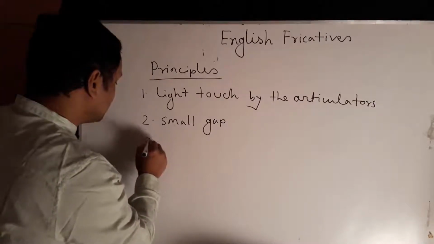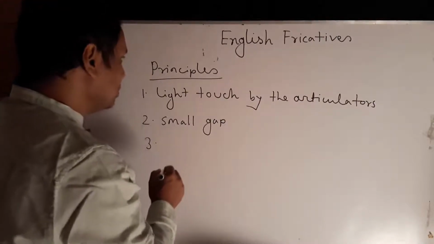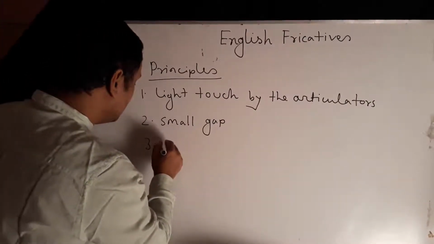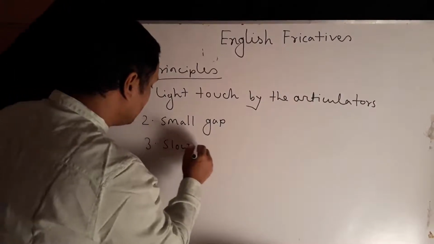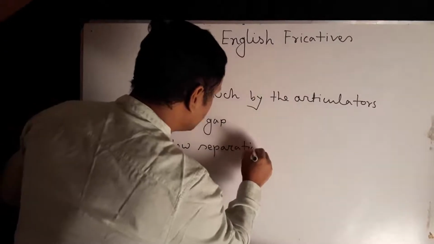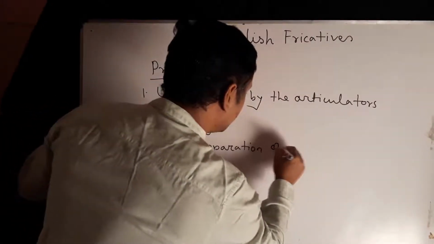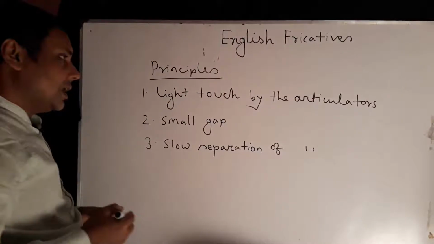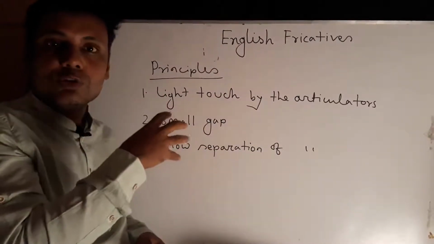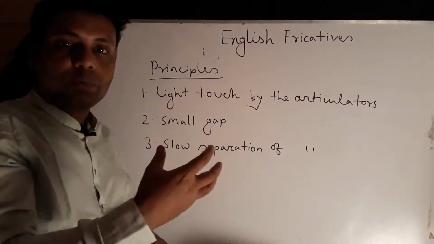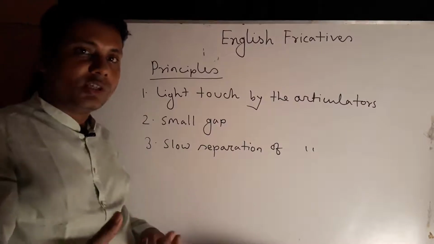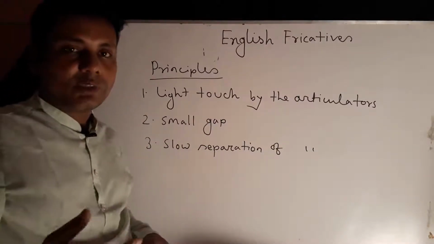And the last principle of producing a fricative consonant is slow separation of the articulators. We see that these principles are totally opposite to the principles followed in plosive sounds.